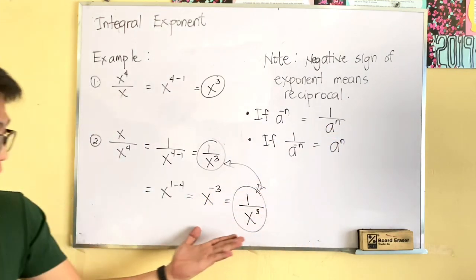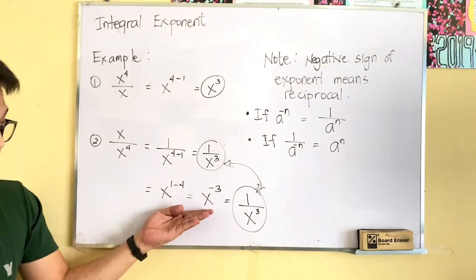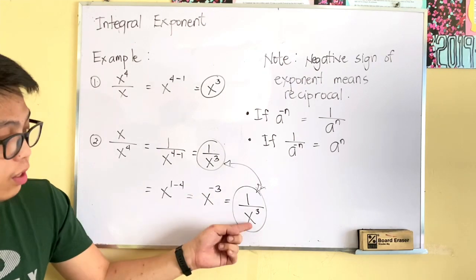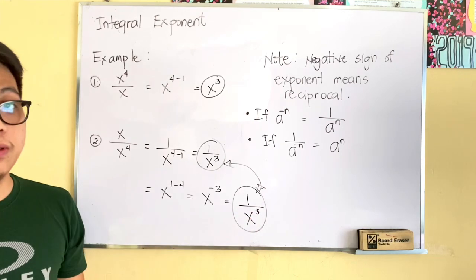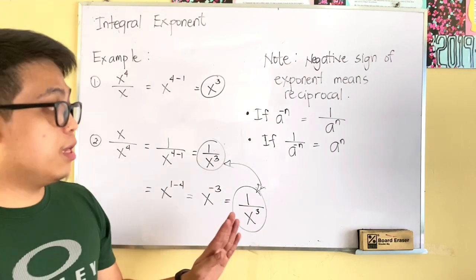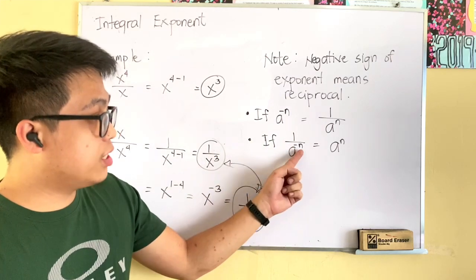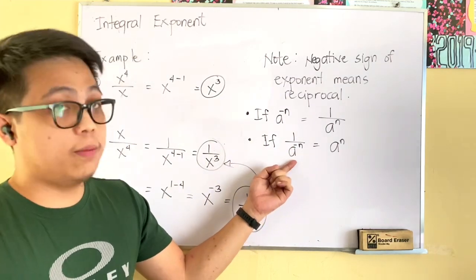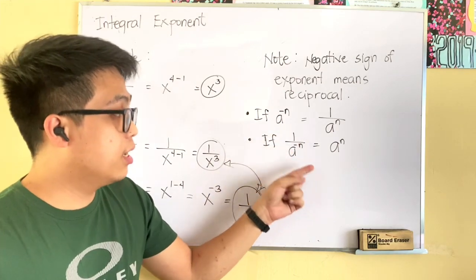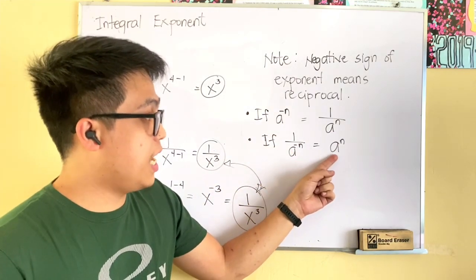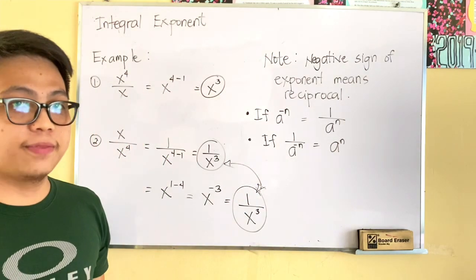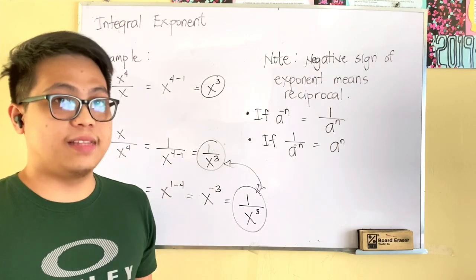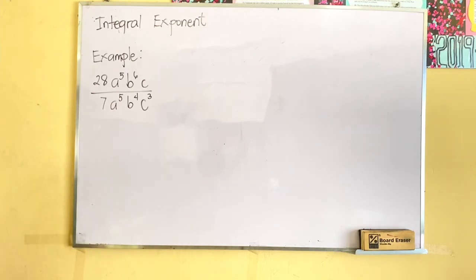It is positive now, just like what we did in our second example. The exponent was negative, we made it a reciprocal, moved the expression down, and the exponent became positive. Similarly, for 1 over a raised to negative n, the negative exponent is in the denominator. We just move it up and it becomes a raised to n. The exponent is now positive. Understood? Correct.